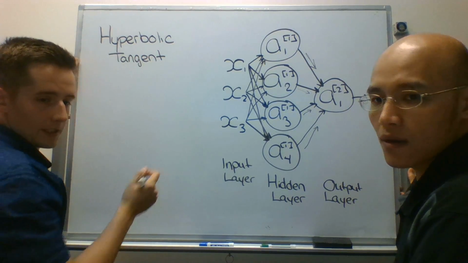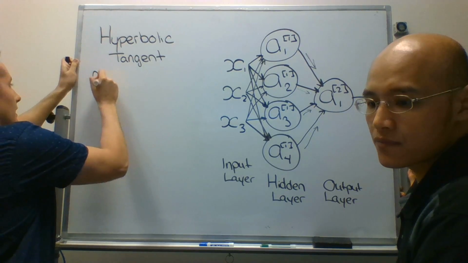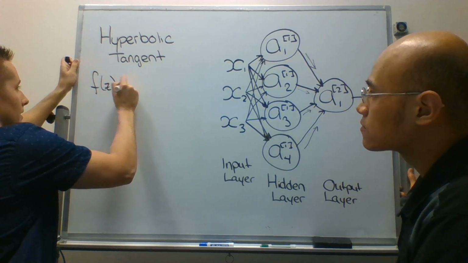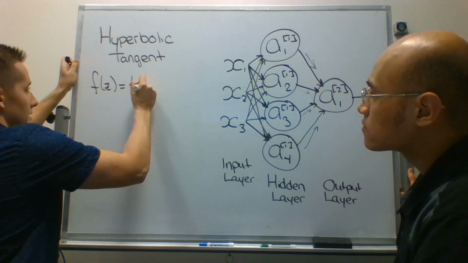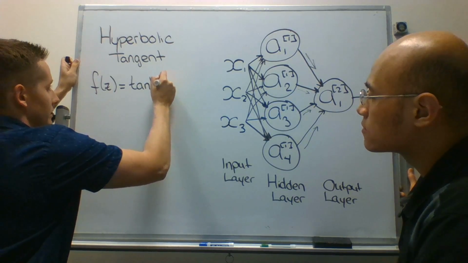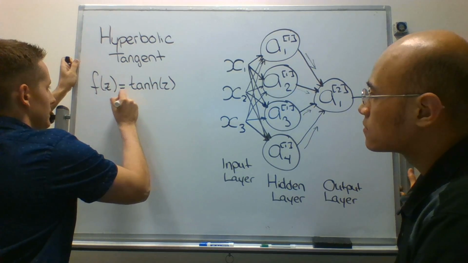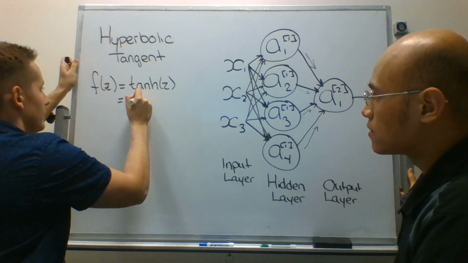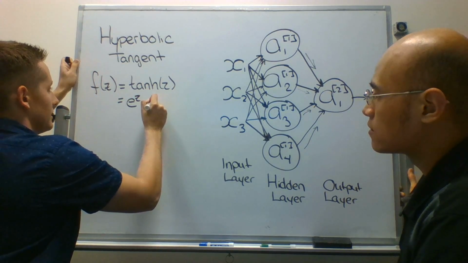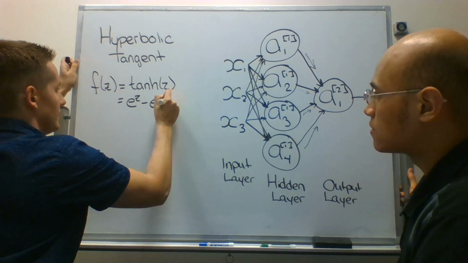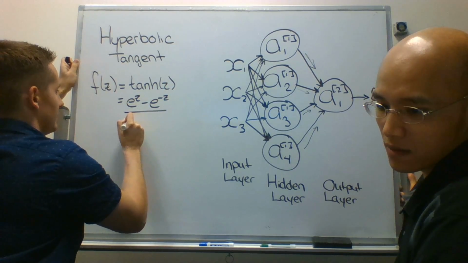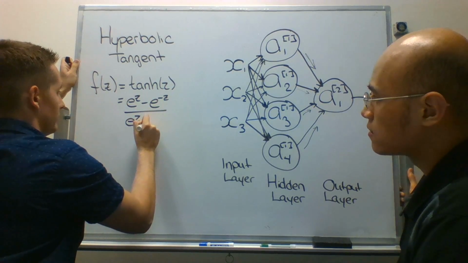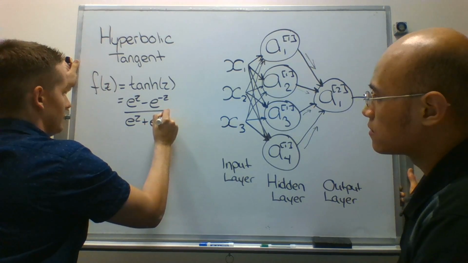So this one is f of z equals tanh of z, which equals e to the z minus e to the negative z, divided by e to the z plus e to the negative z.